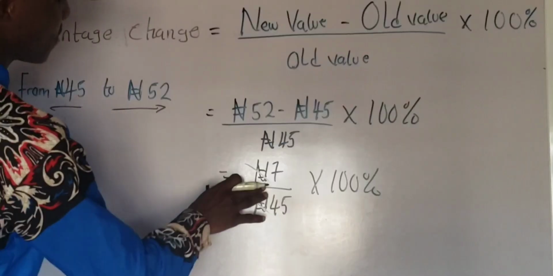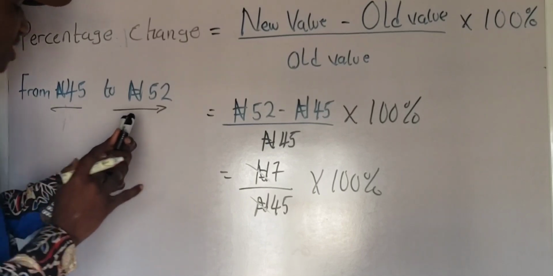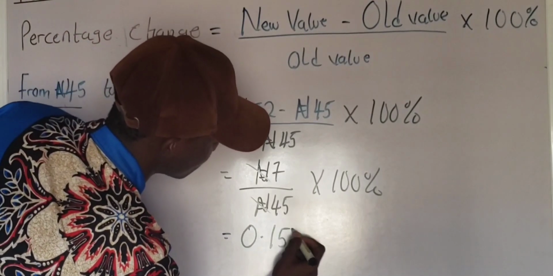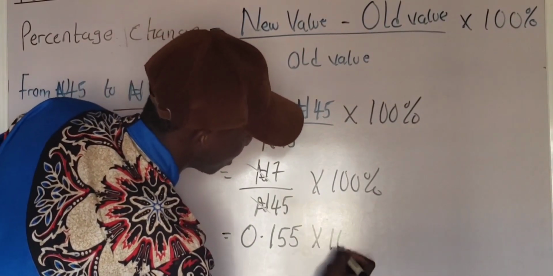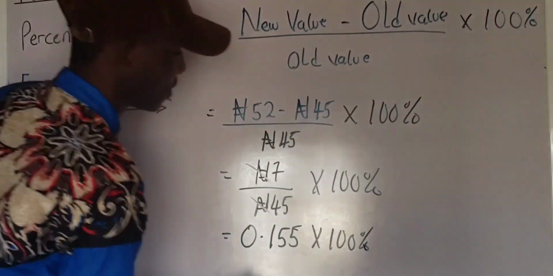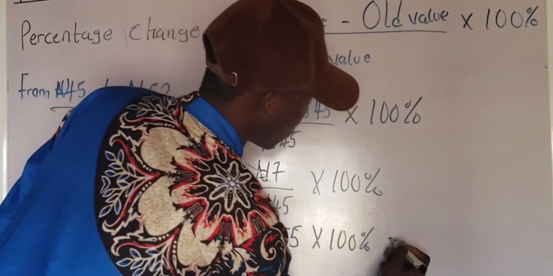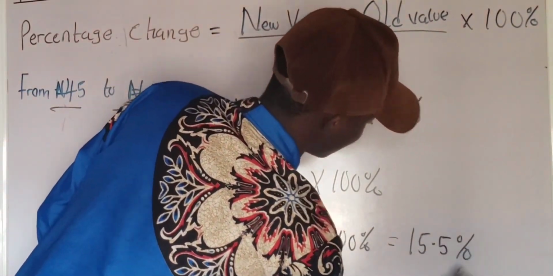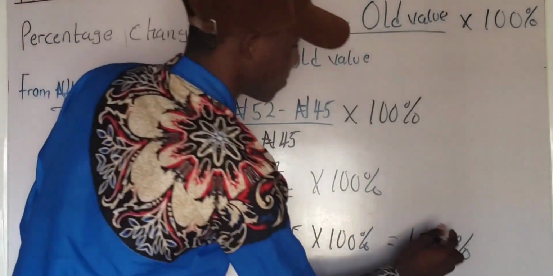So 7 divided by 45 is 0.155. 0.155 multiplied by 100%, you can do this without the use of a calculator, gives 15.5%. And if you approximate, you are going to get 15.6%.